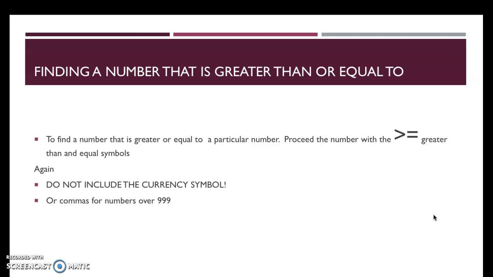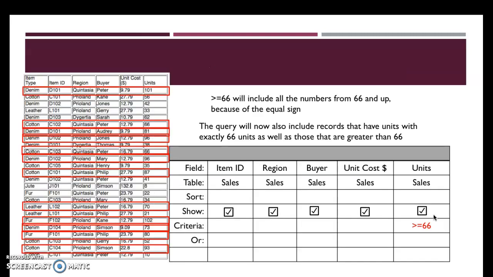So you do not have to type those words into your criteria. As a matter of fact, you should not be typing the words greater than or equal to in your criteria. You should be using symbols only. And remember, no currency symbols and no commas for numbers over 999. So let's look at the example.